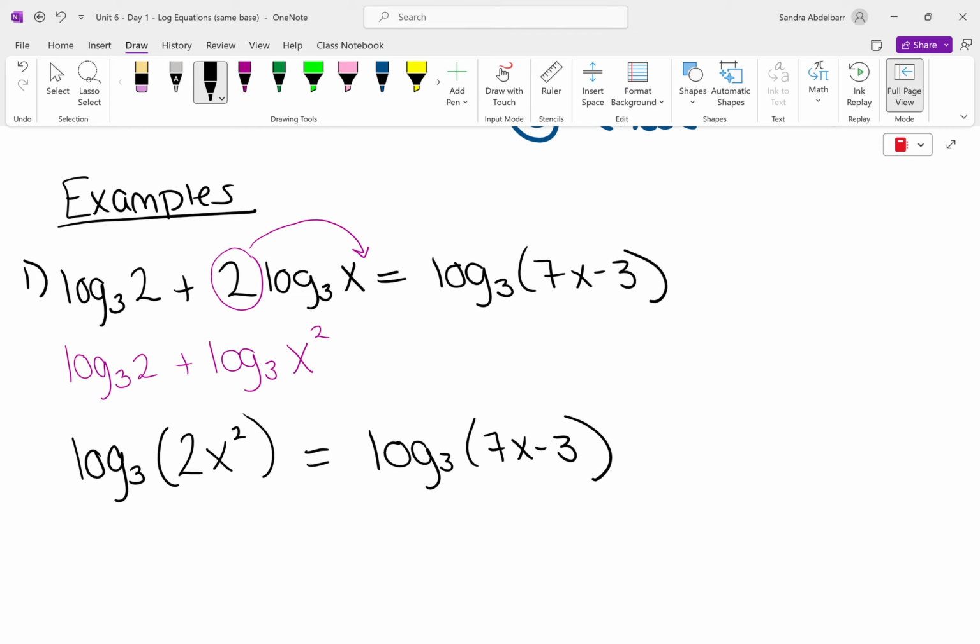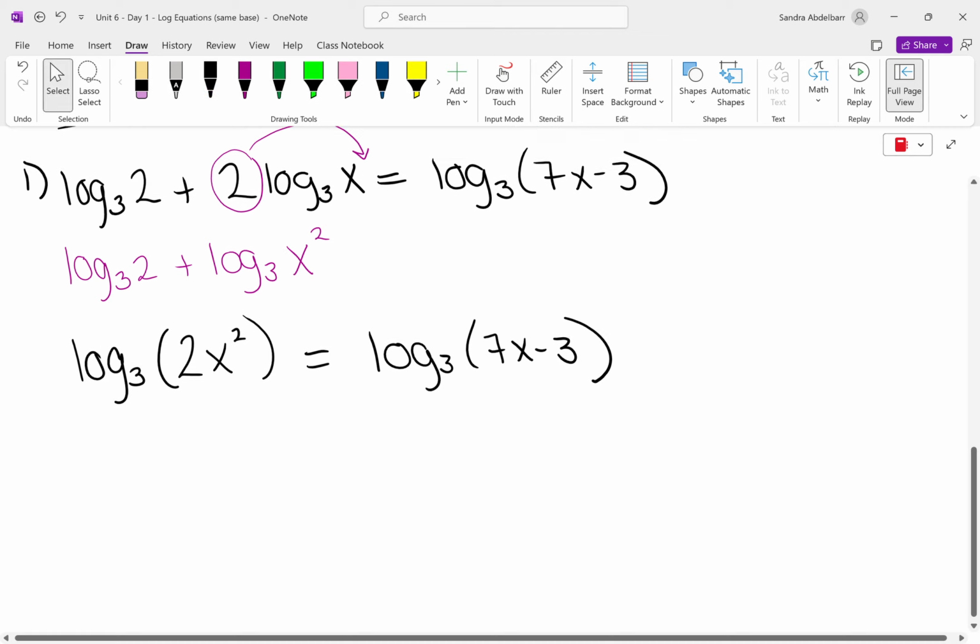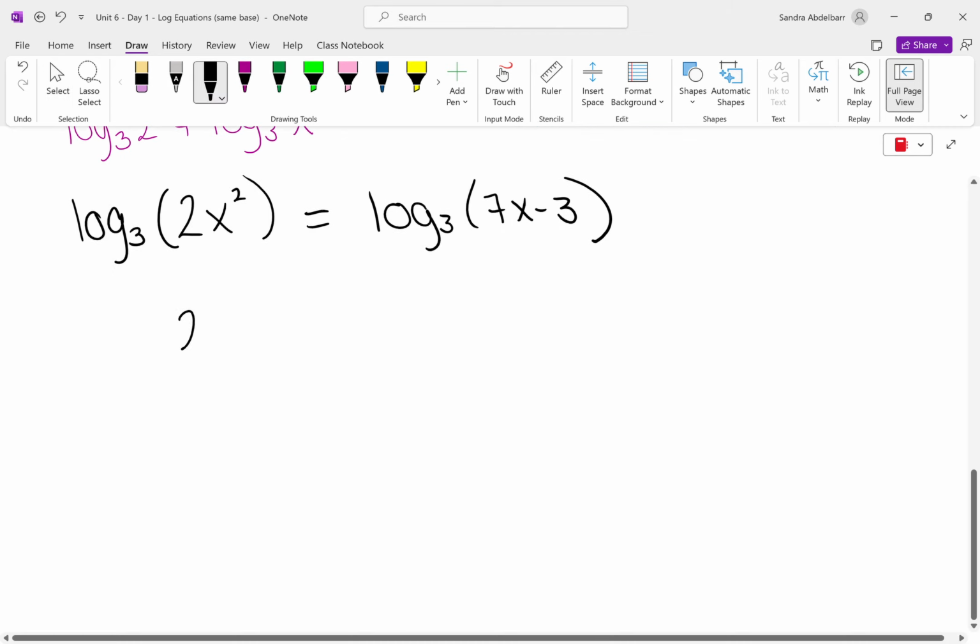We have the arguments here. Now, this is log base 3 of this is equal to log base 3 of this. Because they're both the same log with the same base, can I now just set their arguments equal to each other? That's what we're going to do. Since the left has to equal the right and they have the same base, we will set them equal.